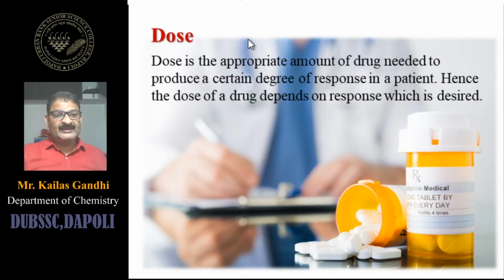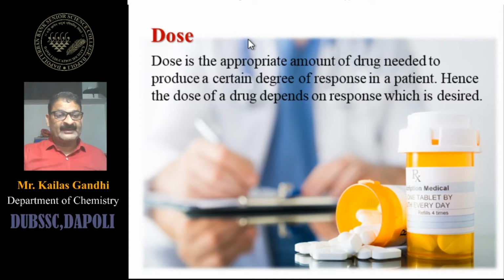Aspirin is known as an analgesic as well as an anti-inflammatory drug. Means it gives the analgesic action along with the anti-inflammatory action. But for analgesic action, 0.3 to 0.6 gram of the drug daily is sufficient.